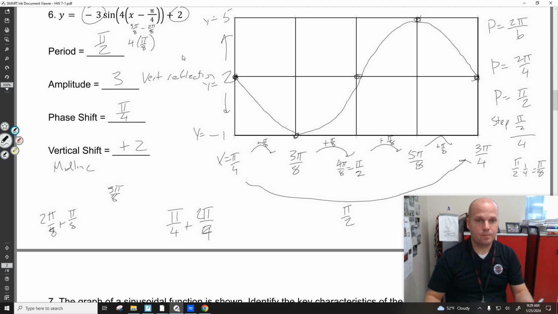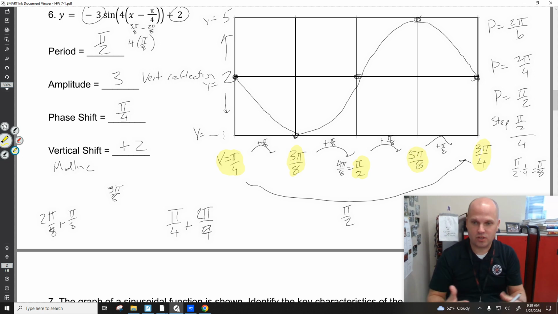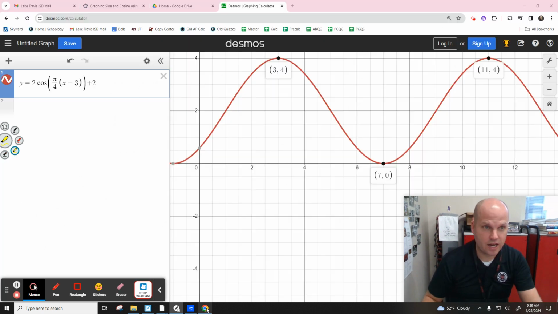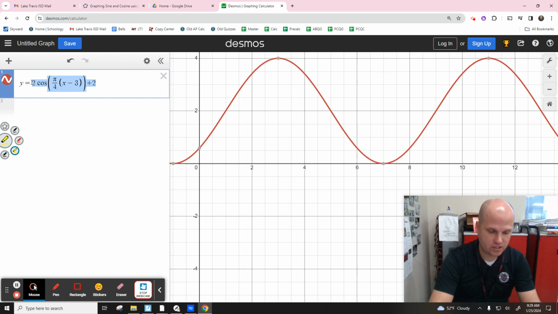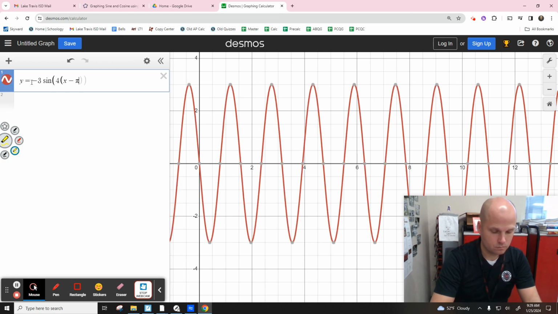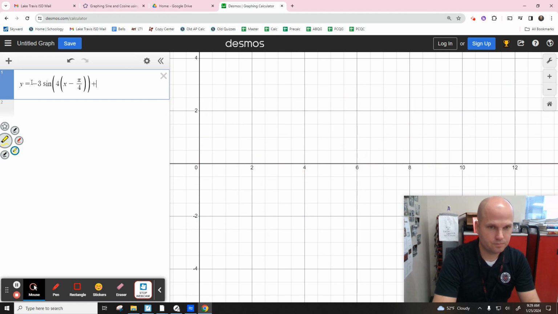So, should have that there. This is trickier, but it works out so long as you understand the original graph and understand the translations and the dilations that we had. Let's just see our handiwork in action. And again, I can move my x and y axis around. -3 sine 4x minus pi over 4 plus 2.